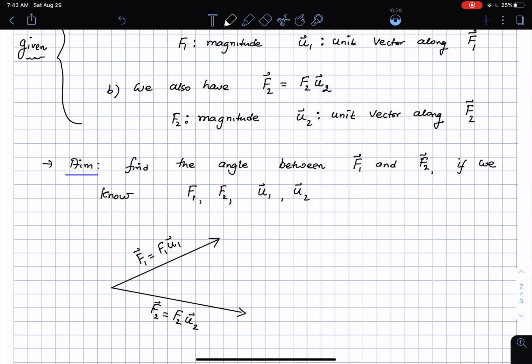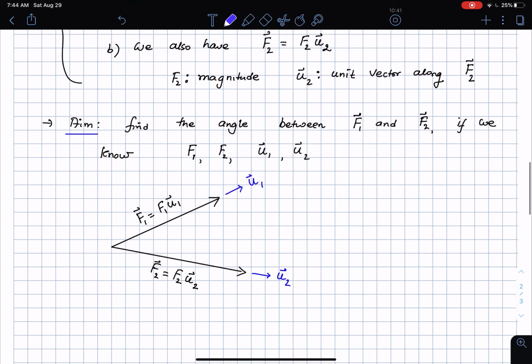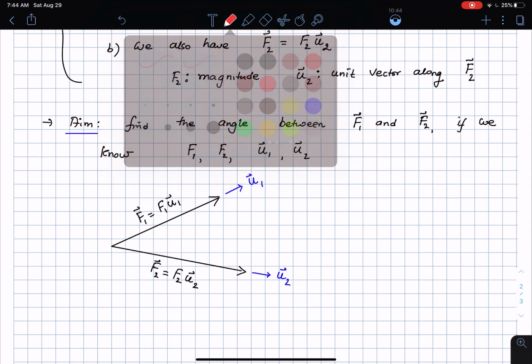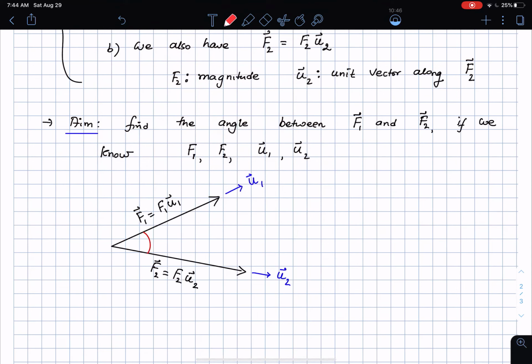Any vector is its magnitude times its unit vector, and these were the unit vectors along those particular directions. So this was the direction of u1, this was the direction of u2. Then let me say that the angle between these two is an angle theta. So how to find theta? That is the question.